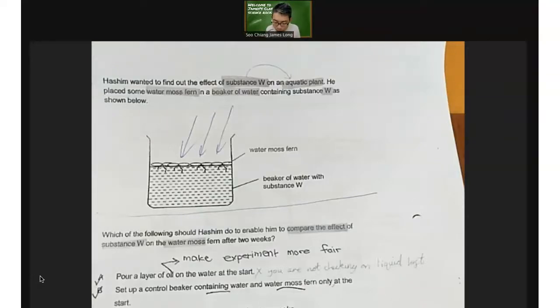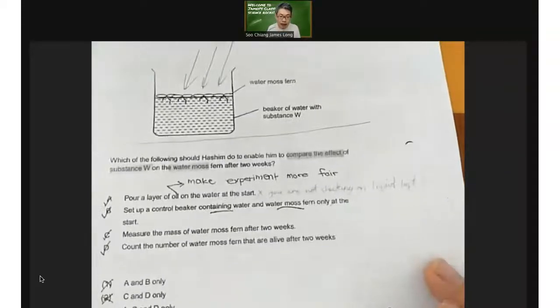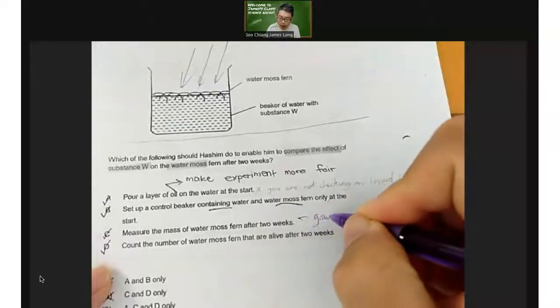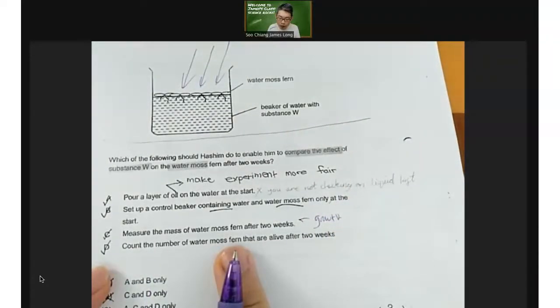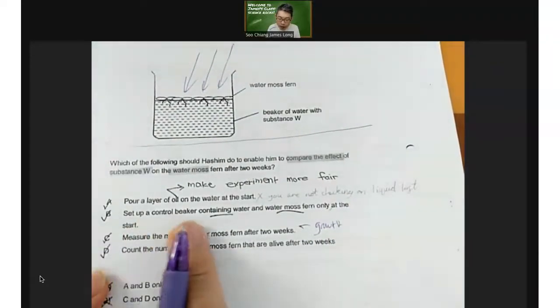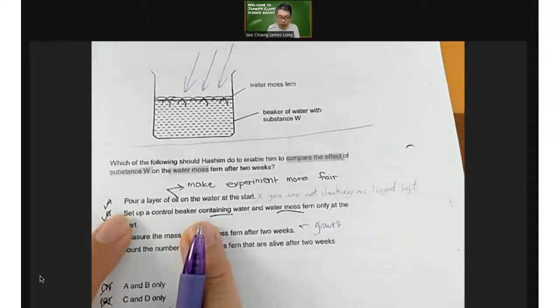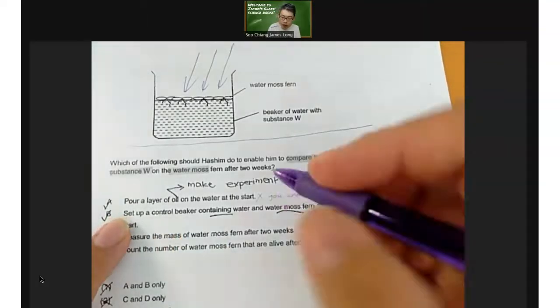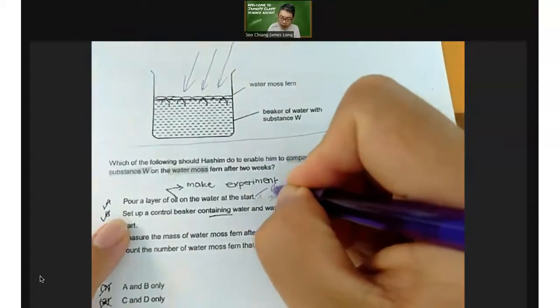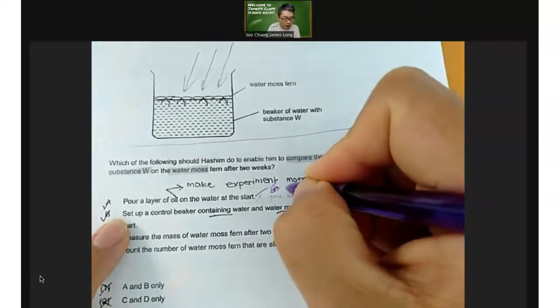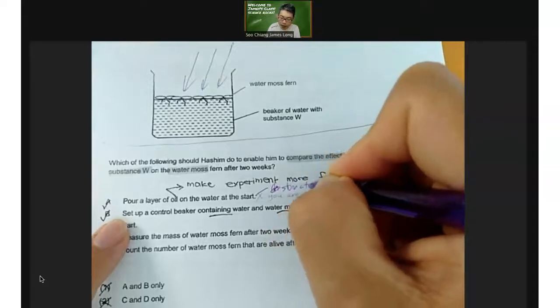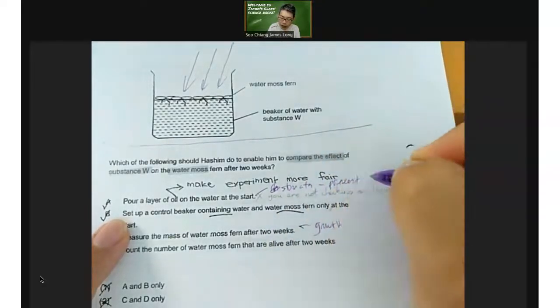If it's plant growth, I don't see things like number of plants growing. Because part C here suggests plant growth. Alright, compare mass of water fern. Part A is talking about respiration, is it? Talking about whether the plants can... this is usually to cover the stomata, to prevent gaseous exchange.